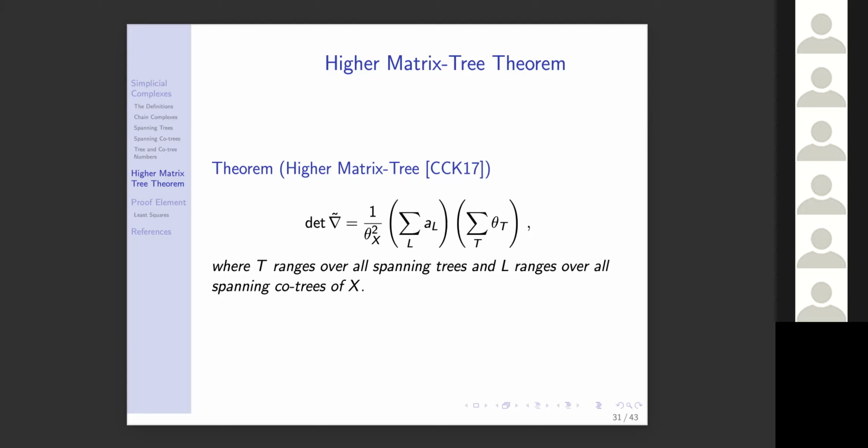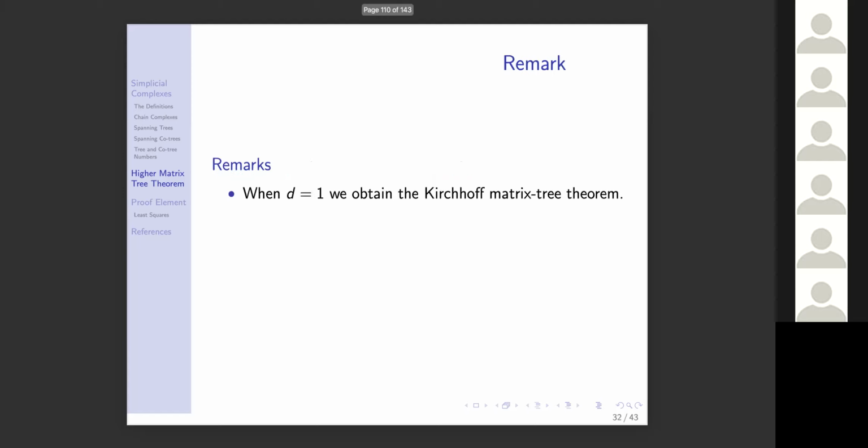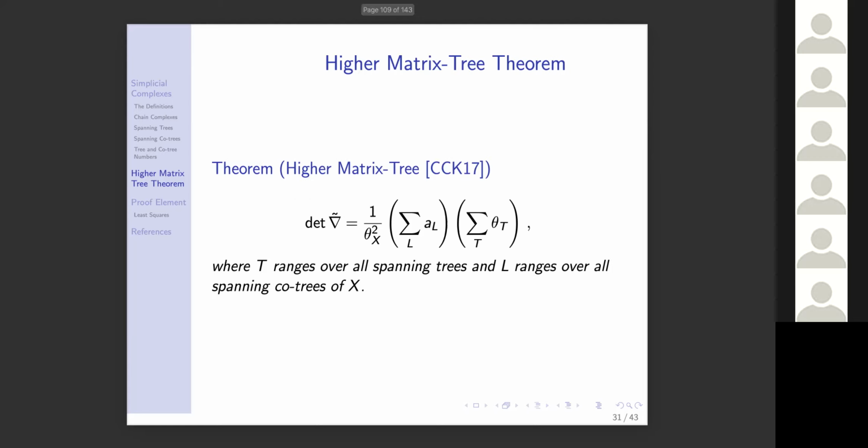Yeah. But the point is that this is all the information you need to get the determinant of the restricted Laplacian. And I might have to correct that statement later. Okay, I can look it up. Anyway, I want to make some points about this theorem, which is due to us in 2017.